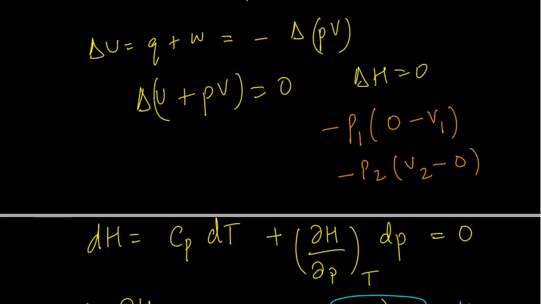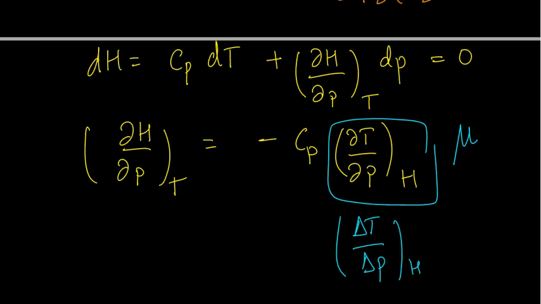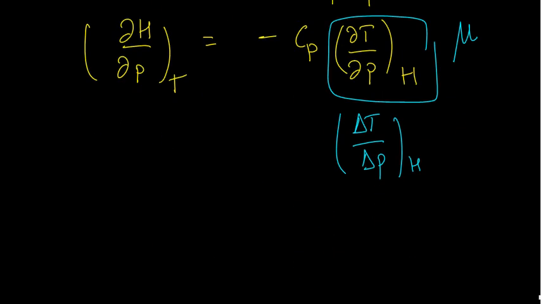Okay. So for an ideal gas, the Joule-Thomson coefficient is 0. Let's calculate it for a van der Waals gas and see what are the practical applications of this Joule-Thomson coefficient that we have over here. Okay.